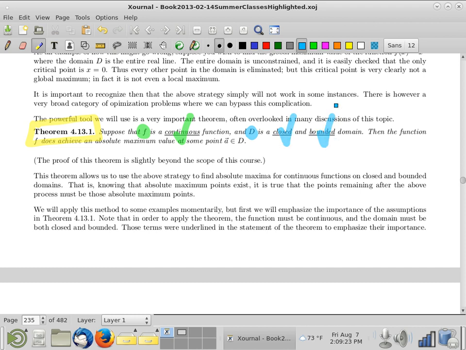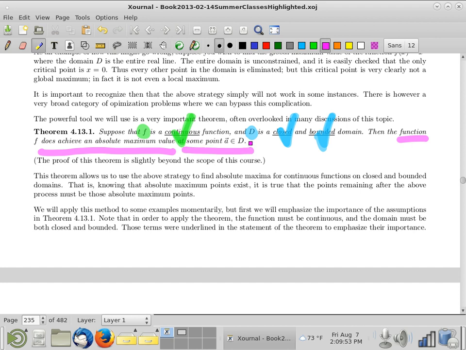Now, it's beyond the scope of this course, just slightly, not much. This is not a super hard theorem to prove, but we're not going to talk about the proof in this course. But the punchline of this theorem is that under those conditions, if the function is continuous, if the domain is closed and bounded, then the function does achieve a maximum value somewhere on the set.